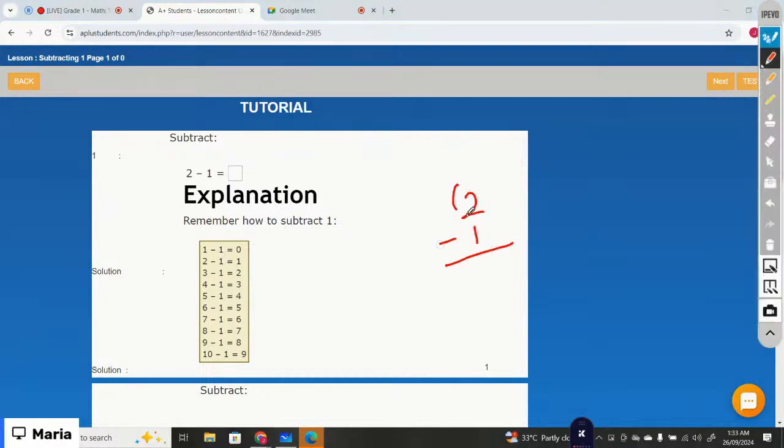You can make two lines, since the greater number is 2. So you can make two lines and then remove one of them. And you need to count the ones that are not crossed. Only one of them is not crossed, right? So the correct answer is 2 take away 1 is 1.